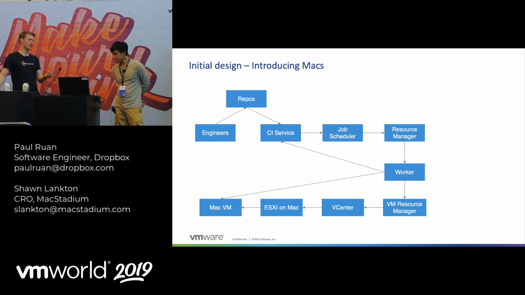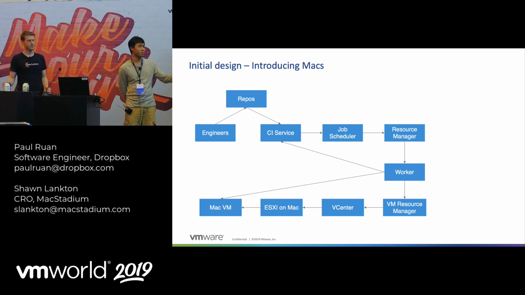Why go through all this extra work to pull this into the same structure as everything else? One reason is to keep the integration the same with the CI service. So we still have the same generic worker agent that's controlling what's running inside the container or VM and reporting results back to the CI system.